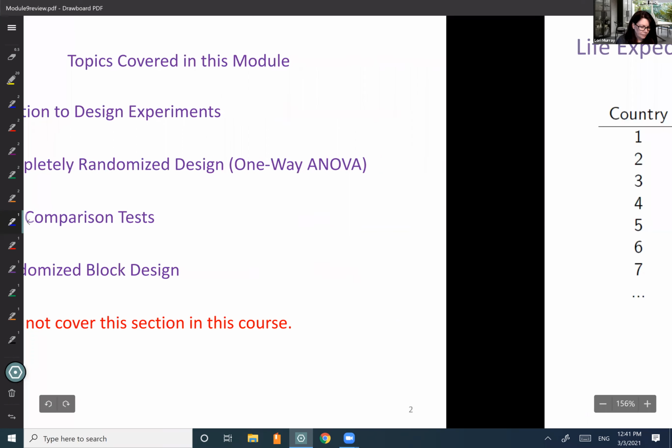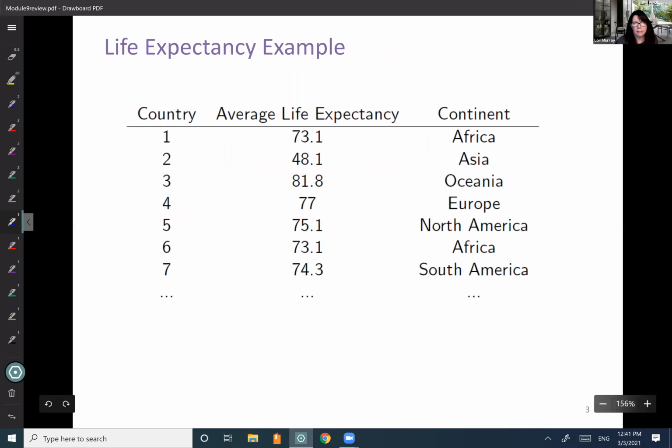All right, starting with a life expectancy example, we're seeing the first 7 countries, but they go on to 193 countries in this data set. For every country, we have recorded the average life expectancy and the corresponding continent to which that country belongs.